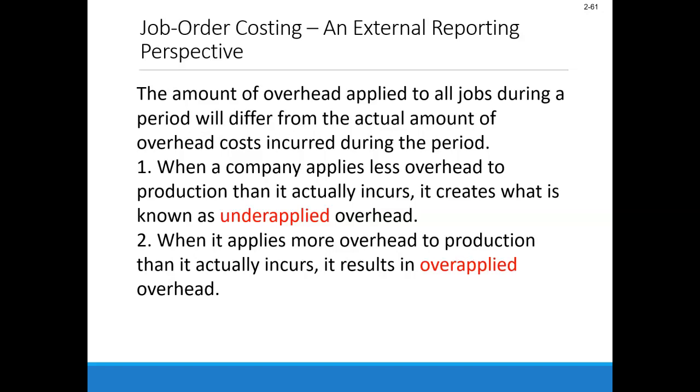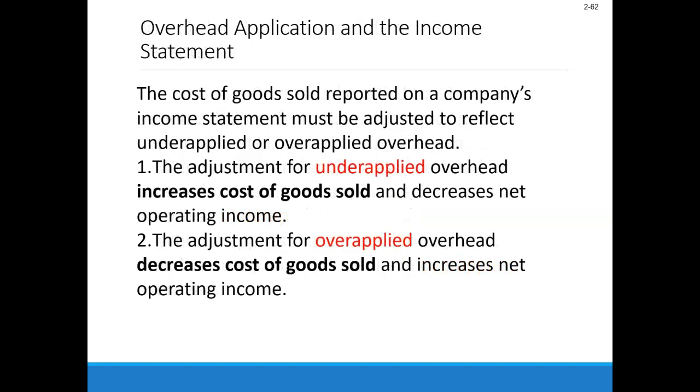But if we apply more overhead than what actually occurs, then we've overapplied it. We've assigned too many costs to those jobs. We might have charged too much to those specific jobs. So we're always playing catch up. We're just trying to make it the best figures we can.